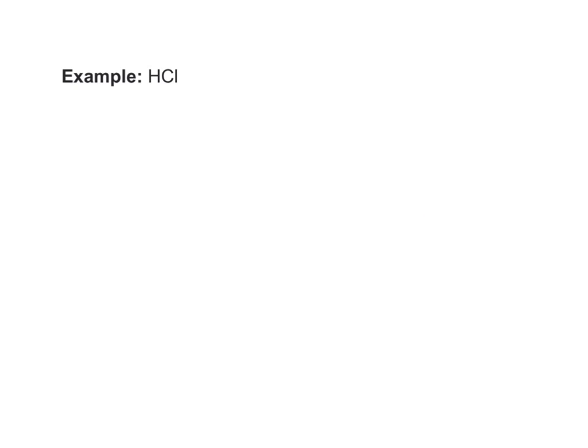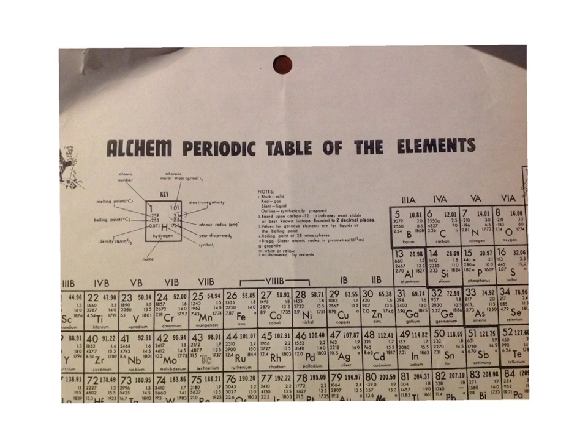Okay, so we're going to take a look at an example using hydrochloric acid, but before we do that, we have to learn where to find our electronegativity values. To find the electronegativity value, you need to look on your periodic table of elements.